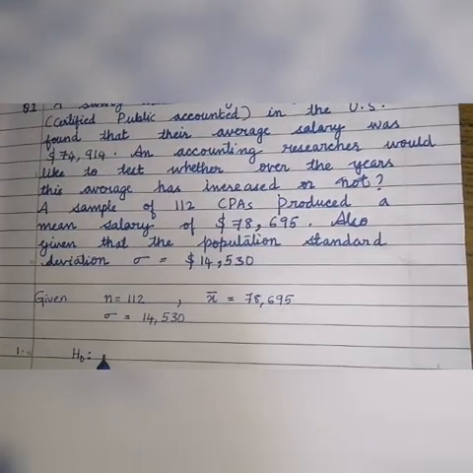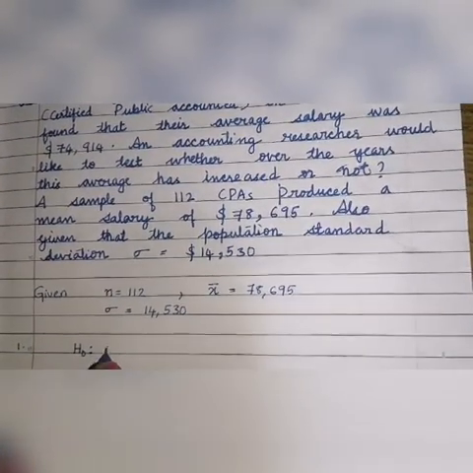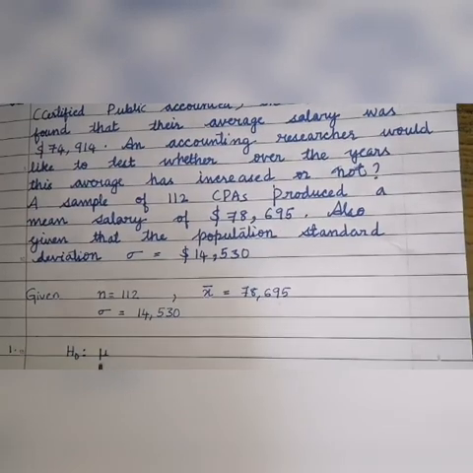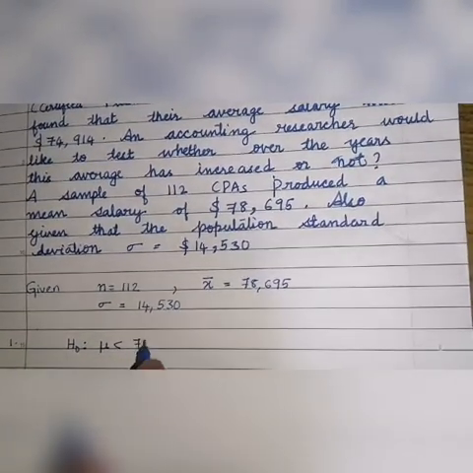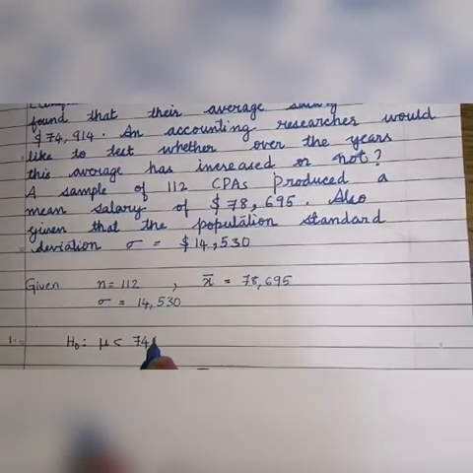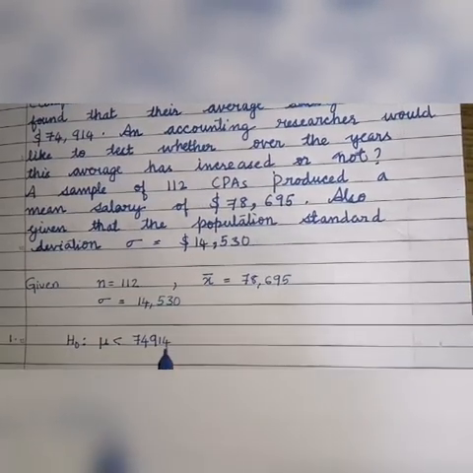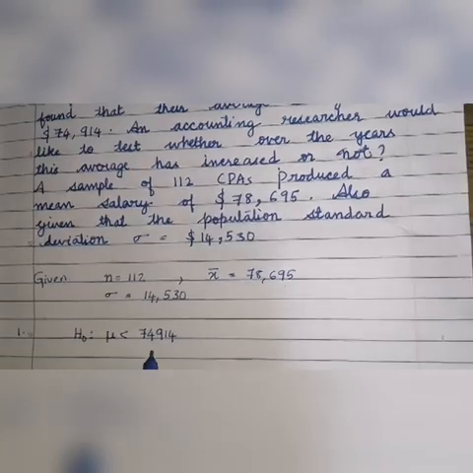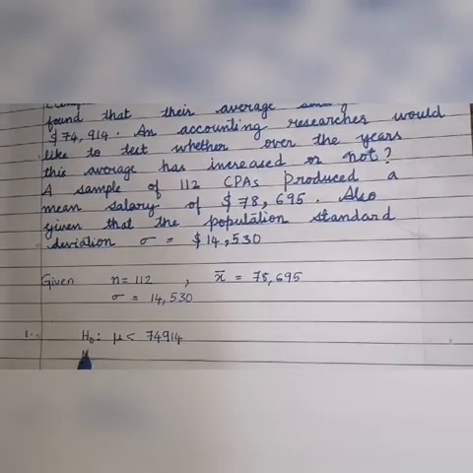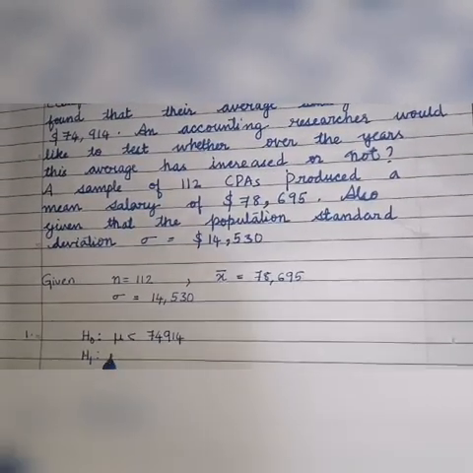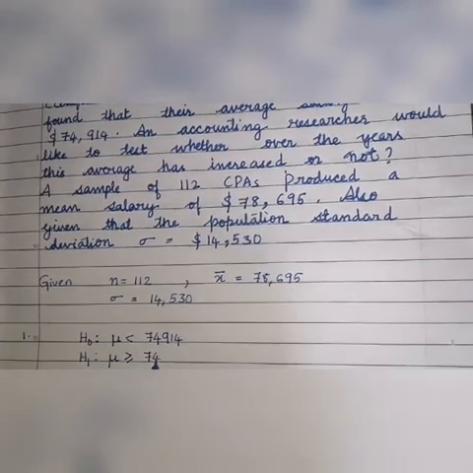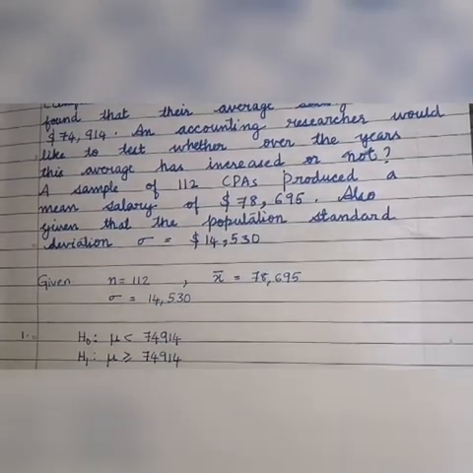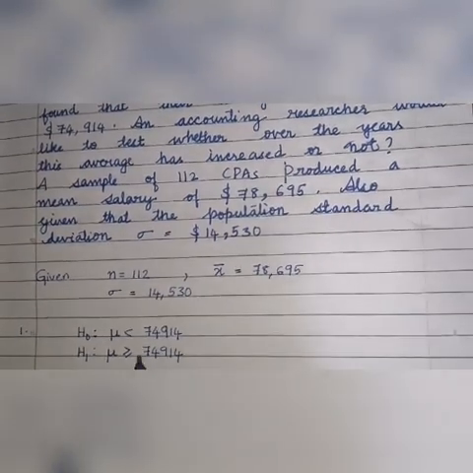So first, we have mu, the average population salary, is less than or equal to $74,914. If this is the null hypothesis, the alternate hypothesis H1 will be mu greater than $74,914.